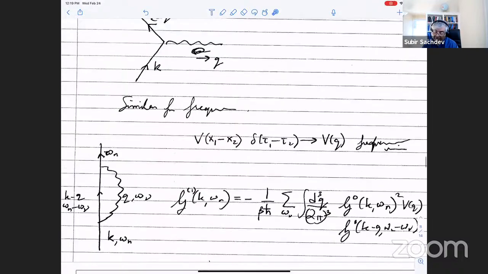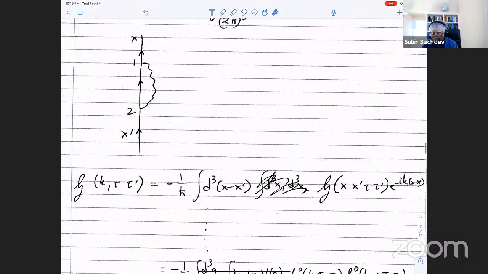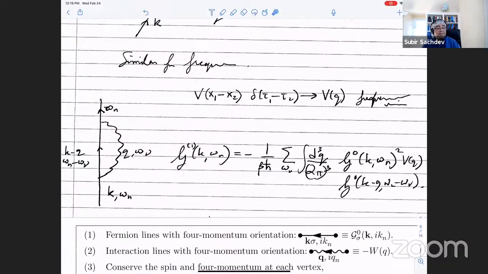So now the same diagram, which was living in space-time, is sort of like a circuit diagram, and along each line of the diagram there's something like a current flowing, or like pipes with water flowing. And the current that's flowing in each line is basically the four-momentum.